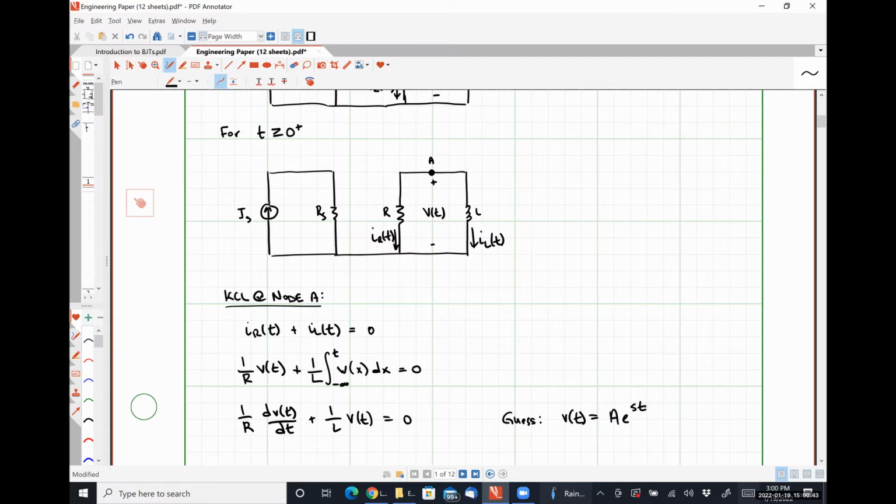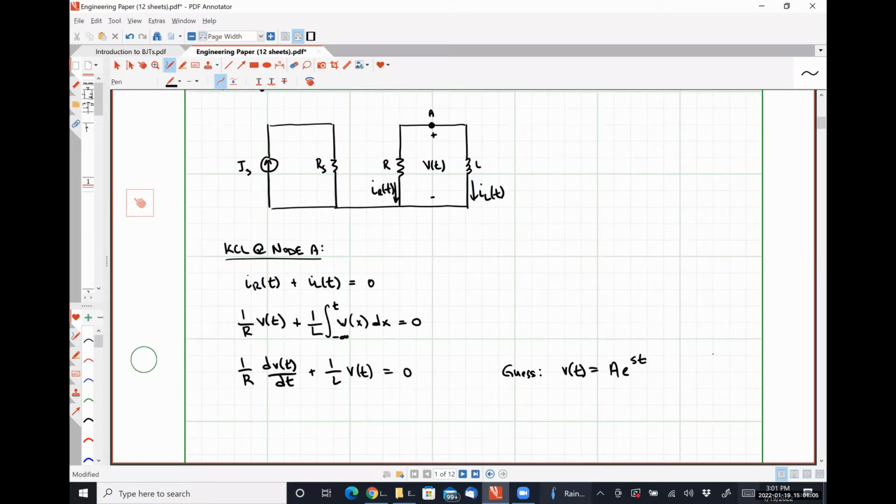And additionally, it has some magnitude A that tells us how big it is at t is equal to 0 before it begins to either grow or decay, right? So it's an exponential function characterized by some magnitude and some rate of decay, S.